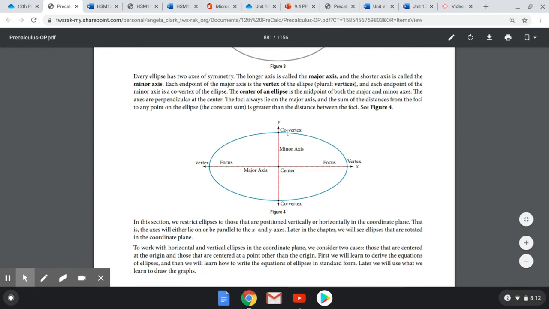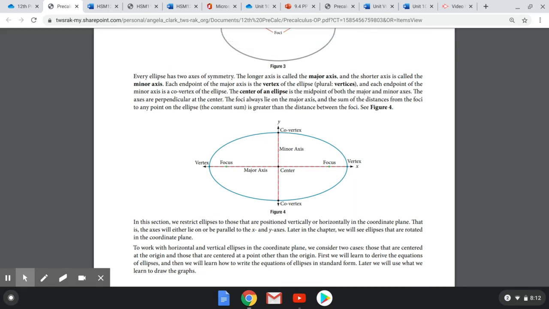So the co-vertices don't really look like vertices, but they kind of are, because they're the points furthest away from the center in the direction perpendicular to each of the vertices. So these are called the co-vertices, and they're connected by the minor axis.